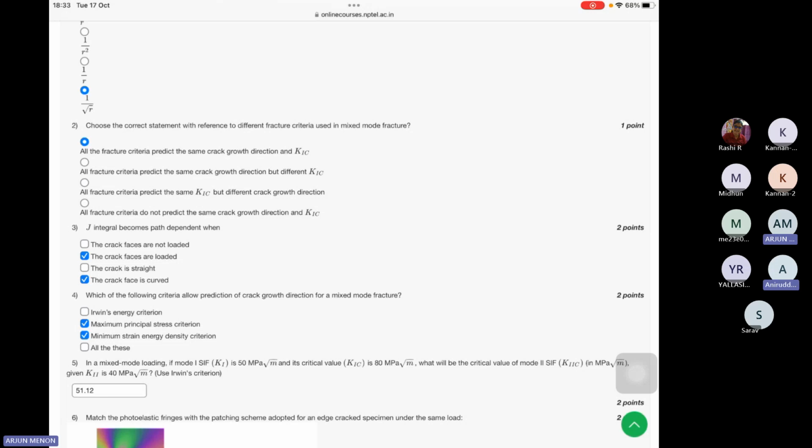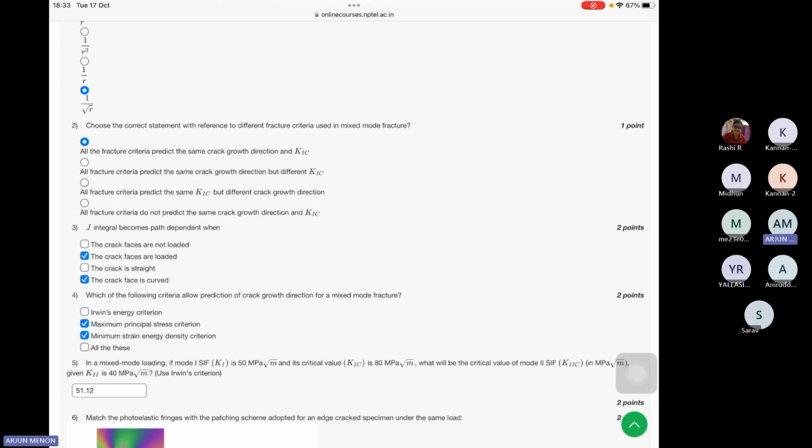With a scientific calculator it's very easy, you just put the values inside. But in the examination we can't use this kind of calculator, so that's the problem. It will take a lot of time. We have to first do K1 by K1C, then find the square of it, then find 1 minus that value.